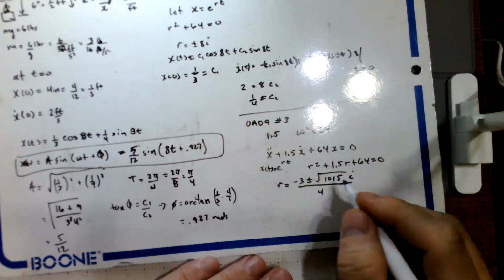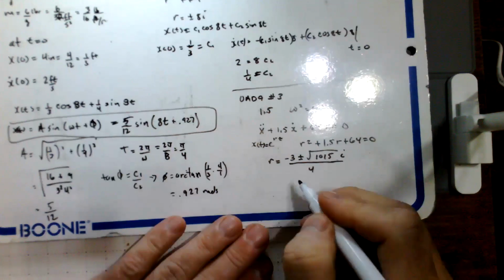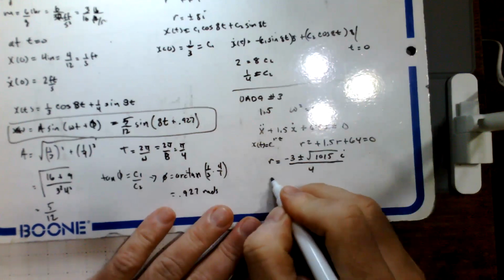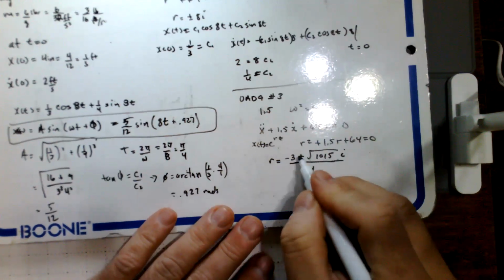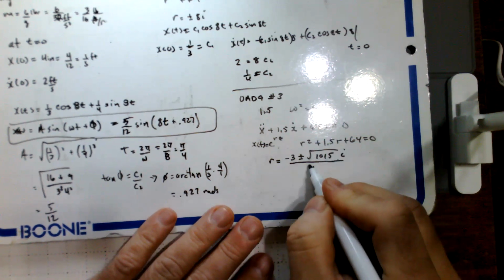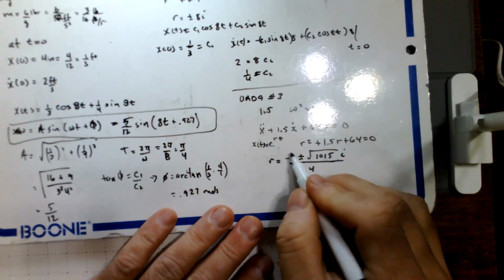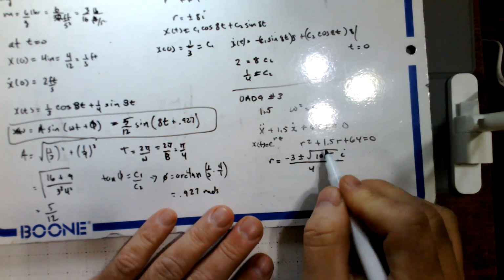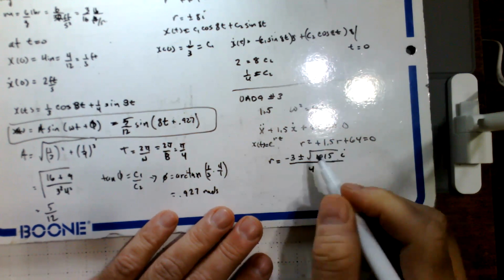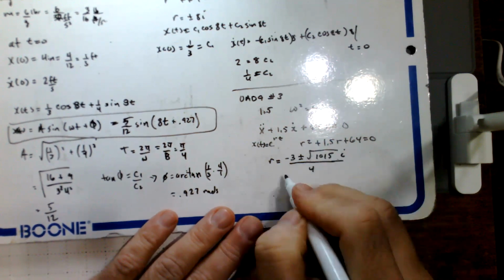And so this allows us to write the solution for this particular one, recognizing that we're going to have a real and an imaginary part. The real part is going to be the negative 3/4 t with the exponential. So that's going to be the damping piece. And the imaginary part is going to be the oscillatory part of the motion.